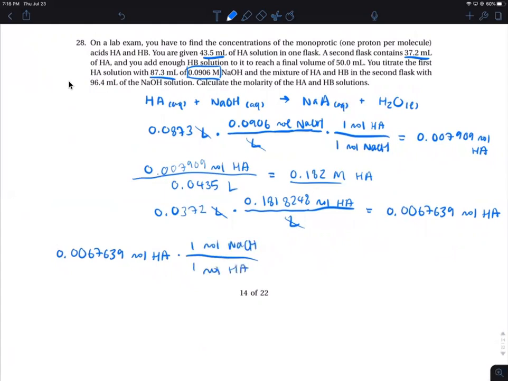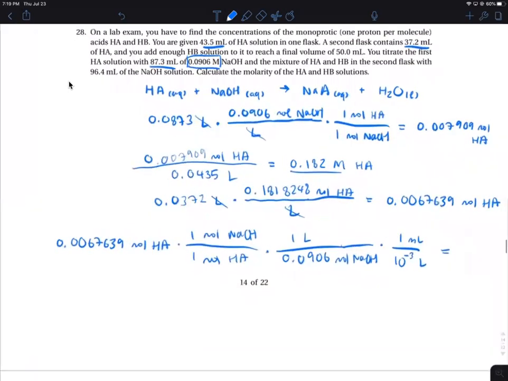And then using the molarity, we can convert into liters, moles NaOH. So that's just the molarity of NaOH. And then we can convert into milliliters. So now we have around 74.656 milliliters NaOH.